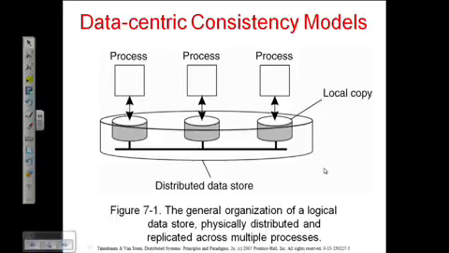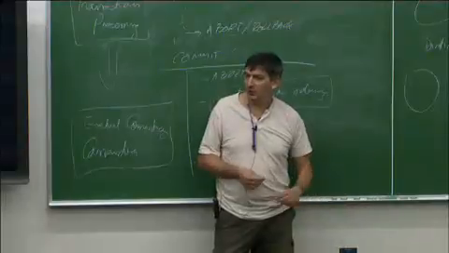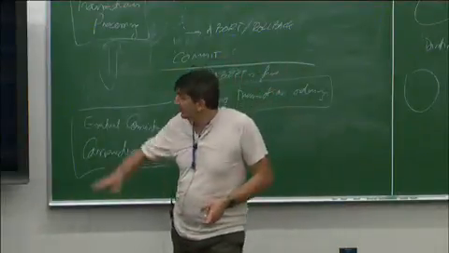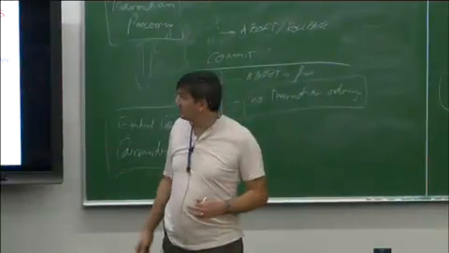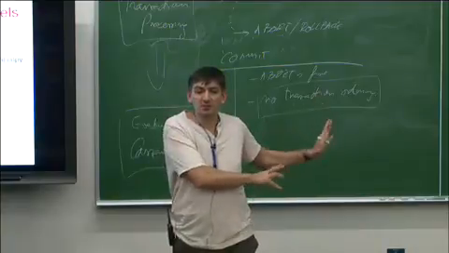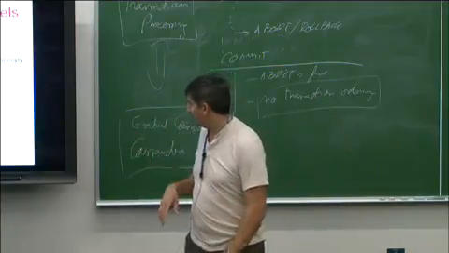Why would you bother to put so many computers around just to see if they can tick together? It's almost always about some sort of data and things you want to do with the data: look things up, change things, stuff like that. So no wonder a lot of the consistency models are data-centric. That means you're consistent with respect to what you do with the data and the view you have on the data, local view versus global view, and things of this sort.